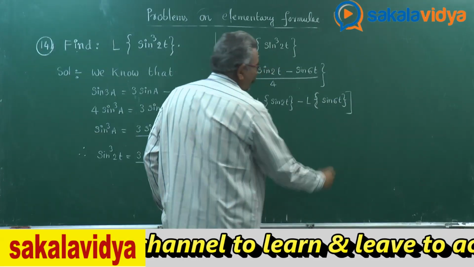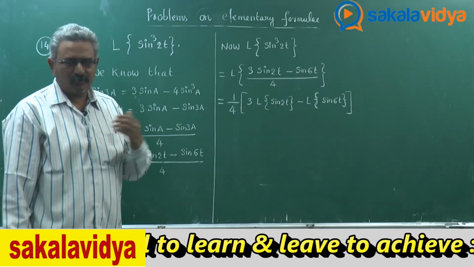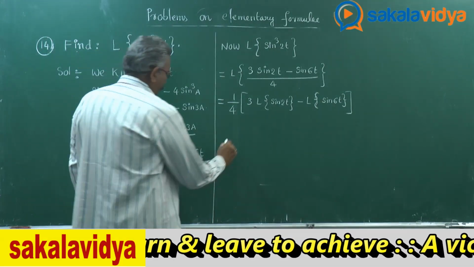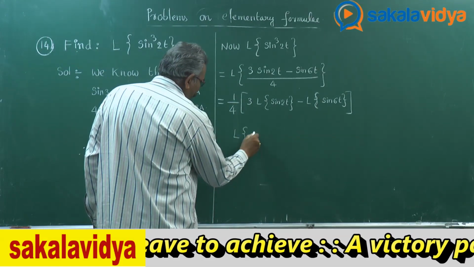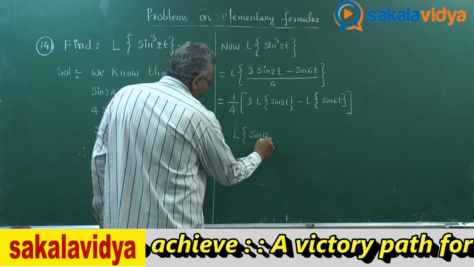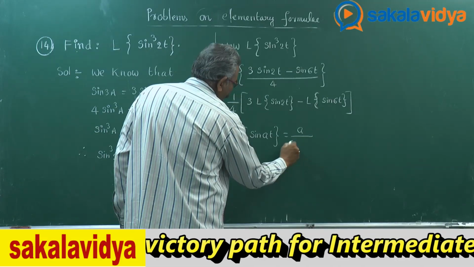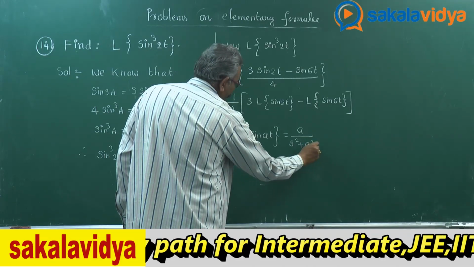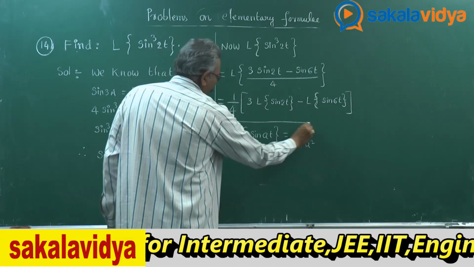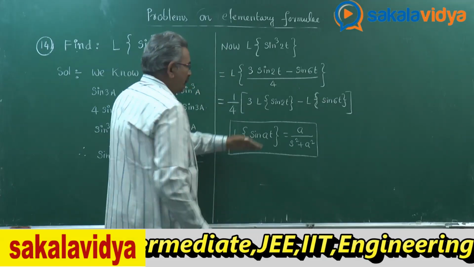Here only one of the basic formulae needs to be applied. That is the Laplace transform of sin at, which is a divided by s square plus a square. So with the help of only this formula, this can be solved.